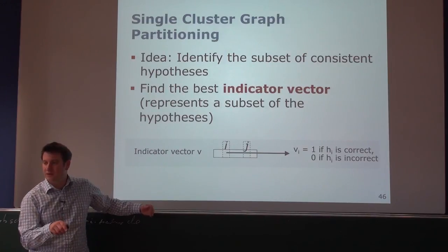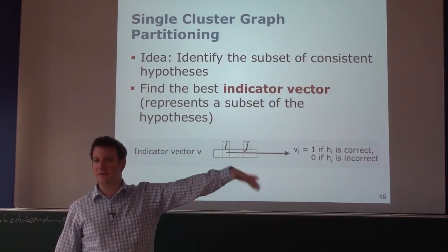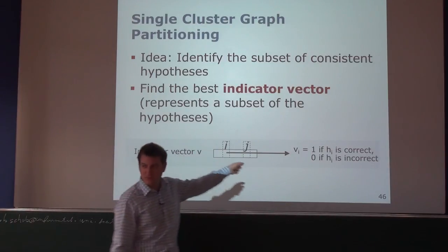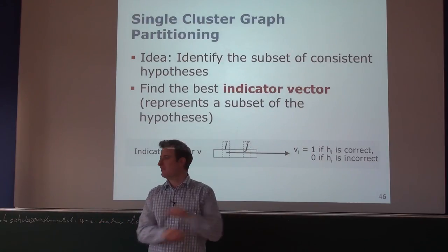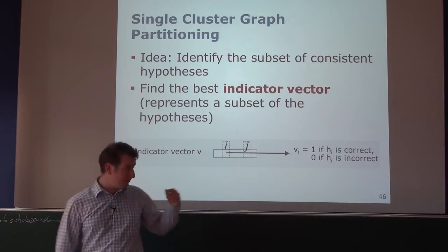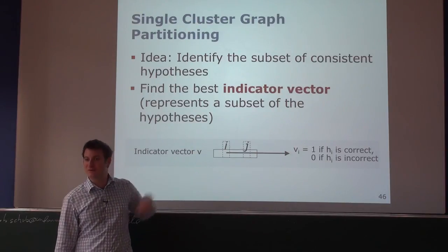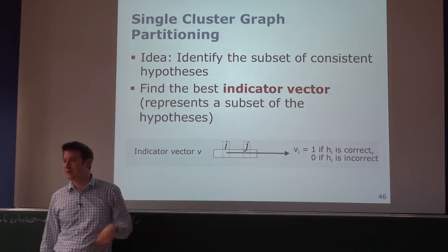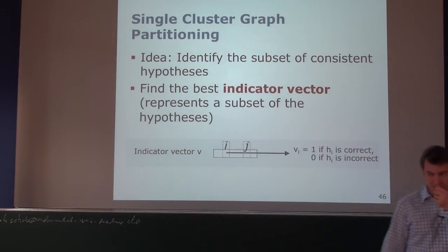So every vector consists of 0s and 1s, and is one hypothesis about the consistency of my matches. If I have in there 1, 1, 1, 1, 1, 1, 1, 1, 1, it means it's pretty good. It means all of them agree with each other and are correct. If all of them are 0, it's completely incorrect. So the goal is to define this vector and then later on find a way to determine what this indicator vector v should look like. But so far, the indicator vector just says, if there's a 1 in there, it's correct. If there's a 0 in there, it's incorrect.